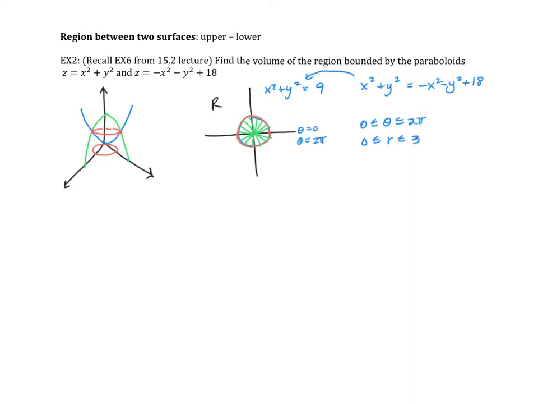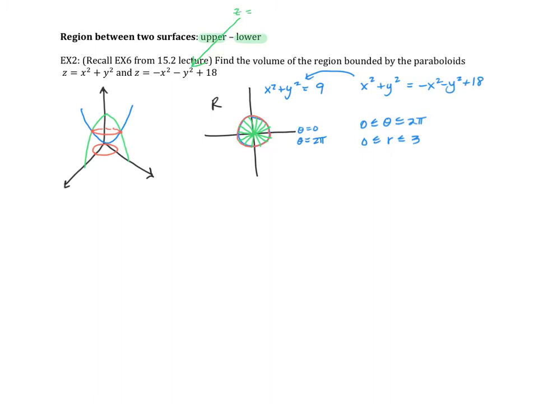So my integrand is the upper minus the lower, as it was when we were working with x and y coordinates. In this particular diagram, the upper is this one in green, which is the negative x squared minus y squared plus 18.